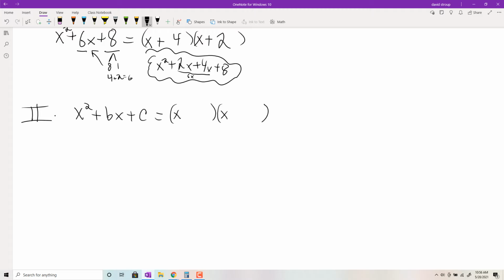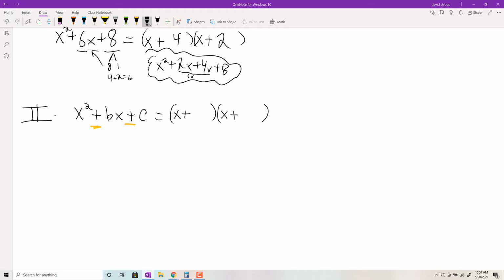And then because of this plus sign, you need something times something which is positive. It's either positive times positive, or negative times negative. But you need the outer and inner to add to a positive. So you need it to be positive, positive. In other words, you need the signs to be plus and plus.